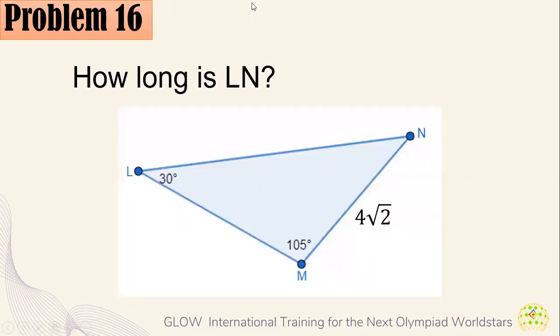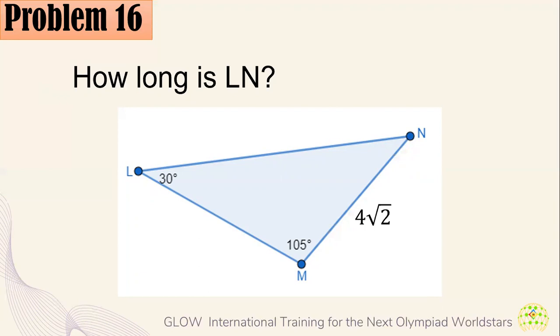Number 16. How long is LN in this case? You could see that you have triangle LMN. L is 30 degrees, M is 105 degrees, and the length of MN is 4 square root of 2 units long.